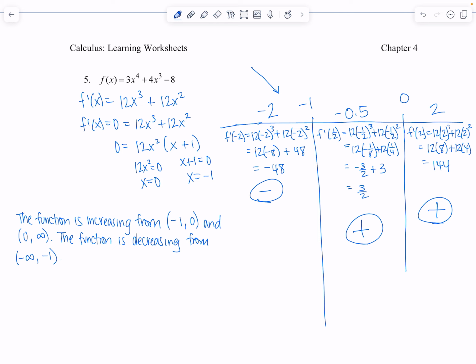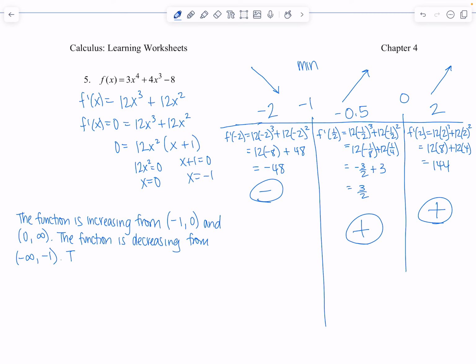And then it's increasing, so it's going up. So we would expect this to be a minimum. And then it keeps going up. So 0 is not doing anything, so it's not a max or a min. Remember, we can have that happen sometimes.